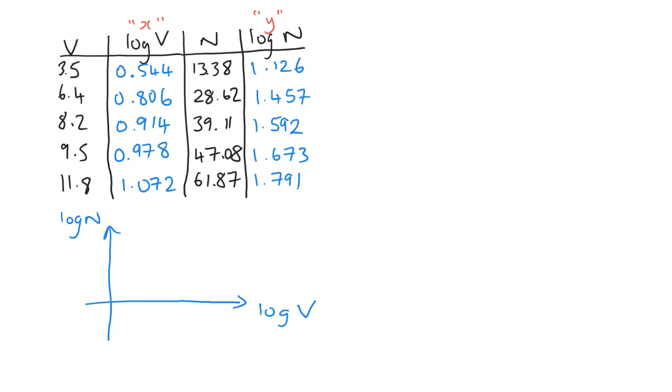Try and put a nice big scale on it. So for this one, we have to go from 0.5 up to 1.1. So don't worry about starting from 0. Start from 0.5 and go up to 1.1. And the same thing with the y-axis. It goes from 1.1 up to 1.8. So start at 1.1 and go up to 1.8.